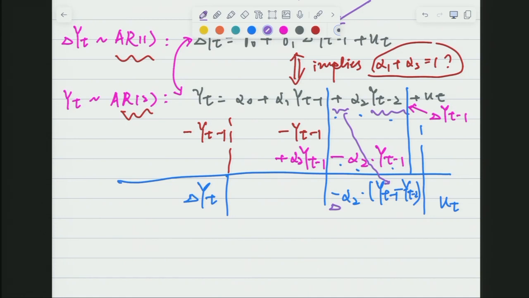Essentially what we get is delta y_{t-1} times minus alpha 2.